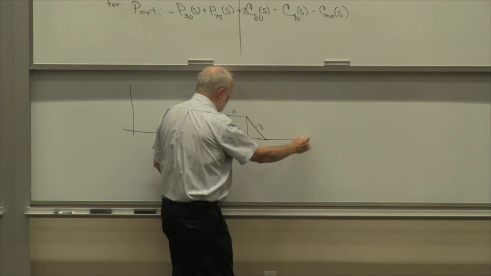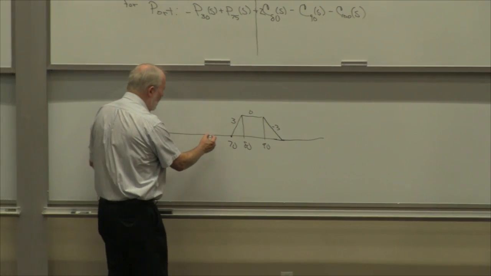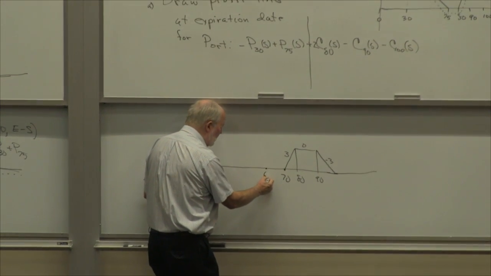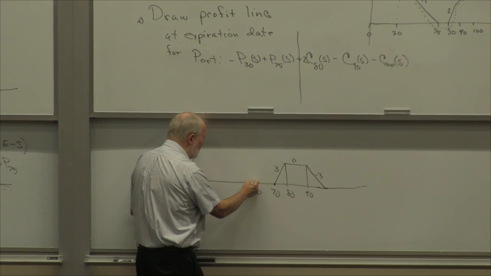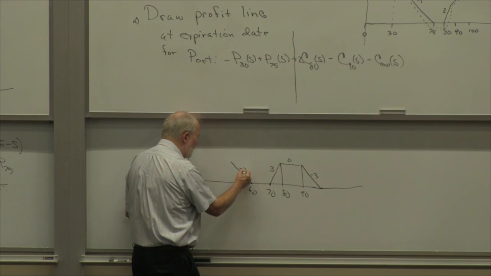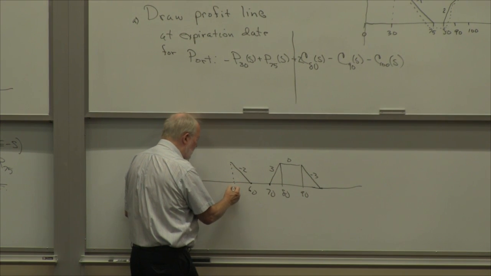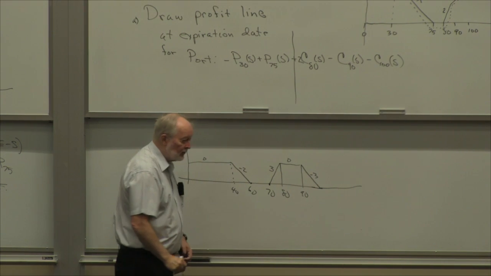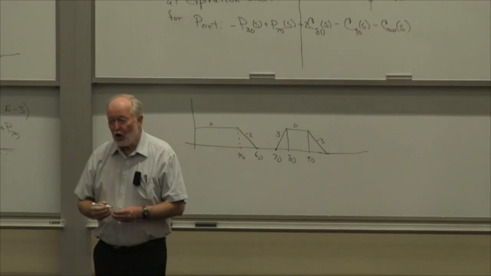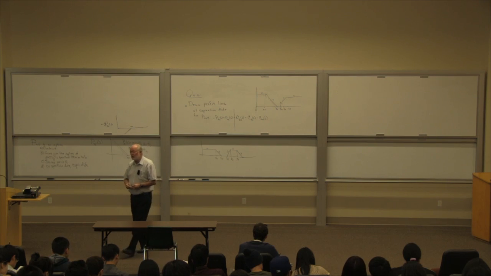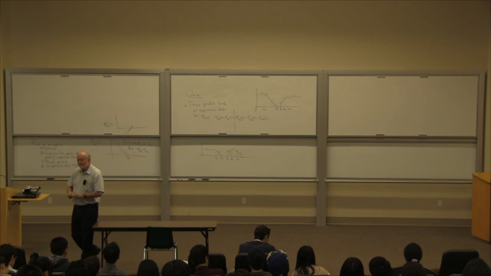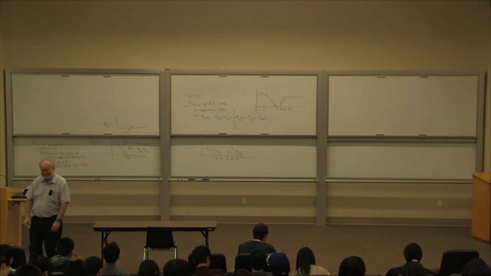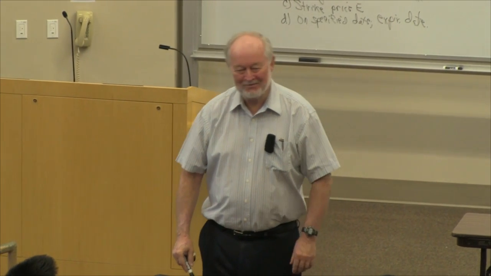And I want it to be 0 thereafter. And here I want it at 60 to go up with the slope of -2 until I get to 40. And then I want it to be 0. Create the portfolio only using puts. Only using puts.